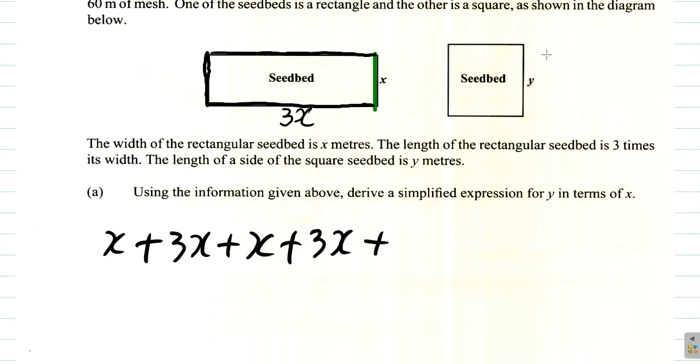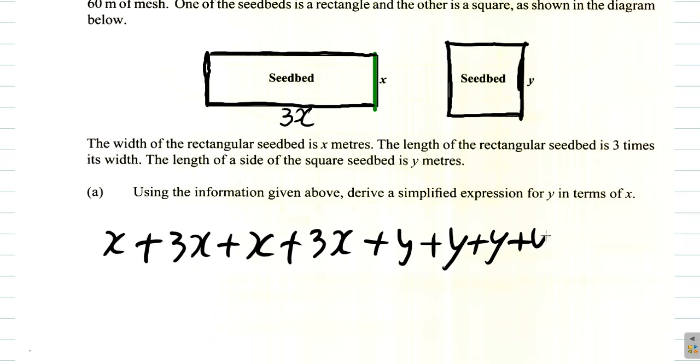Plus, she runs the mesh down here, that is y, plus the mesh down here, that's y, up here, plus another y, and going across here, that's another y.